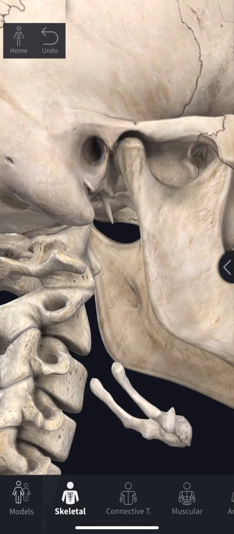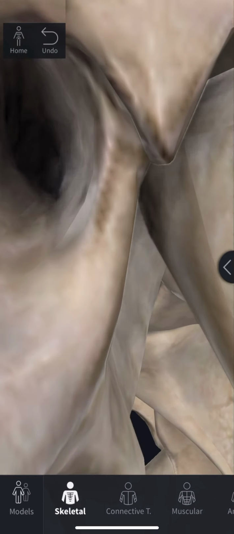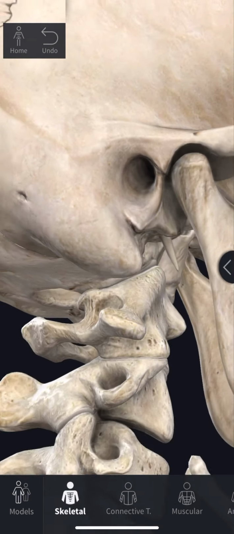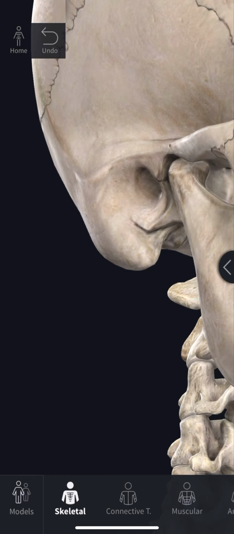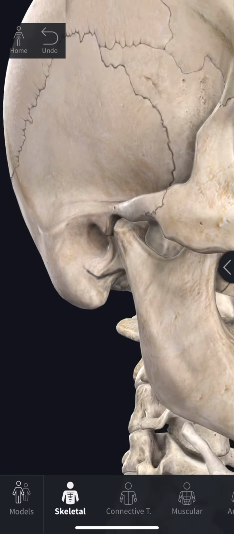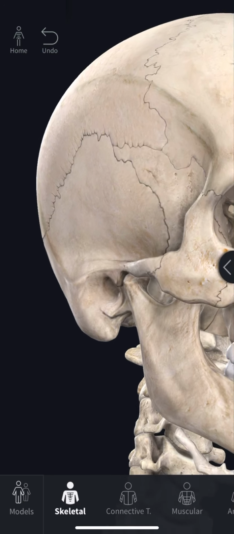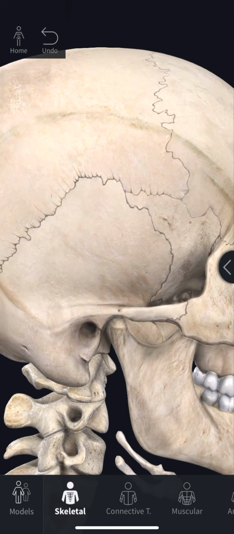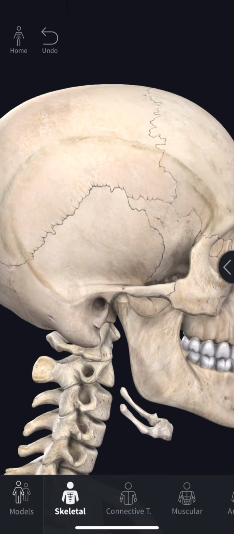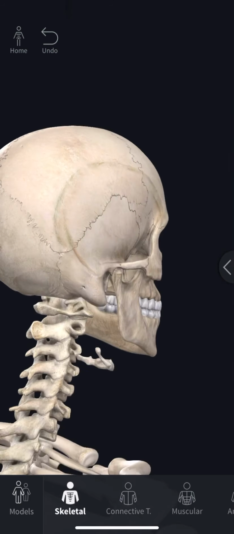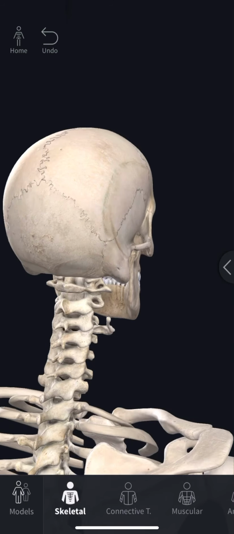Then you have the external acoustic meatus, this opening. You have the zygomatic arch going towards the zygomatic bone. You're seeing the temporal lines, the supratemporal lines, the markings on this aspect.